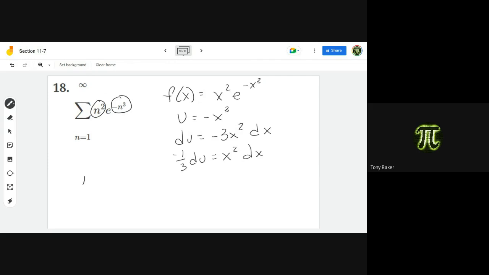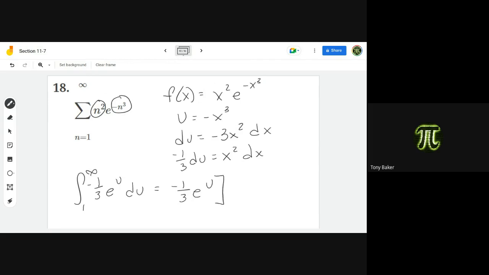So then I'm doing the integral of negative 1/3 e to the u du, which is negative 1/3 e to the u. And we're doing this from 1 to infinity.